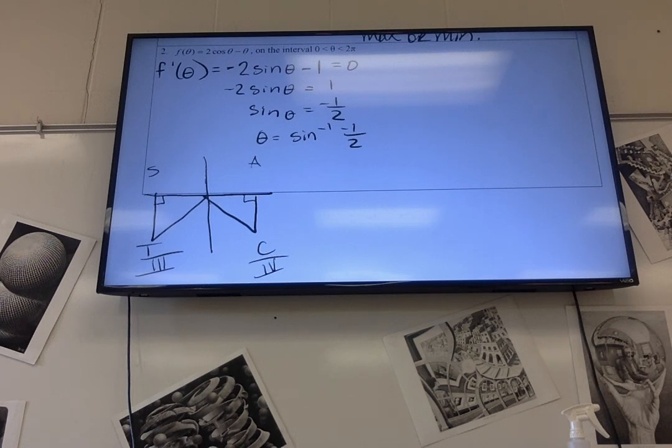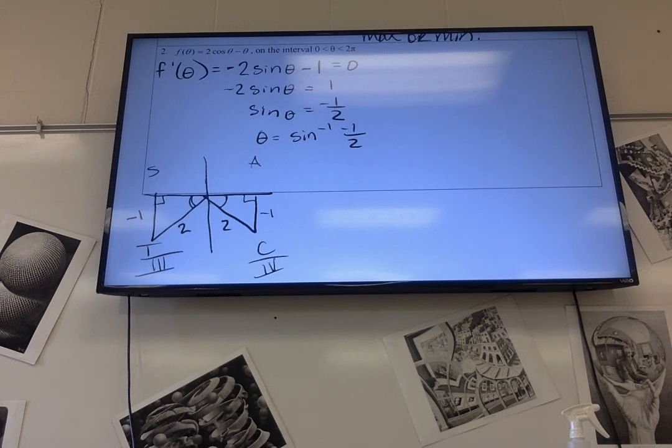Sine is opposite over hypotenuse. So negative 1 over 2 for this angle and this angle. So in order to make that negative 1/2, what's the reference angle?